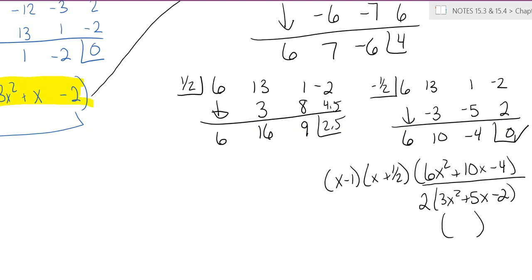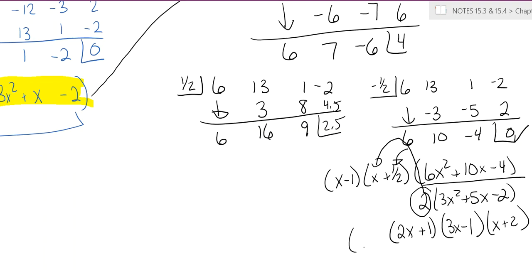And this factors down into 3x minus 1 and x plus 2. This 2 right here, I can keep out. Otherwise, I can use it to get rid of that fraction, and that can become 2x plus 1, a little bit nicer to work with.